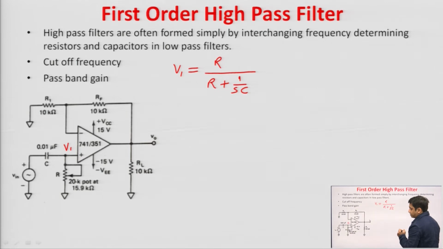This is the value of V1, and we had derived the expression of the gain for non-inverting configuration in earlier classes.